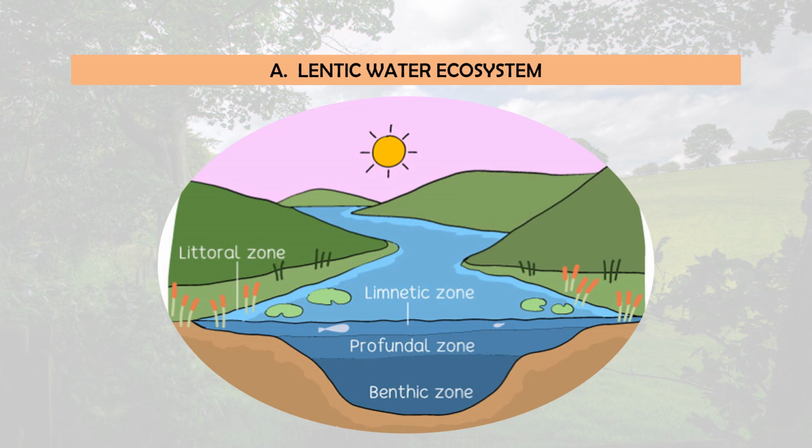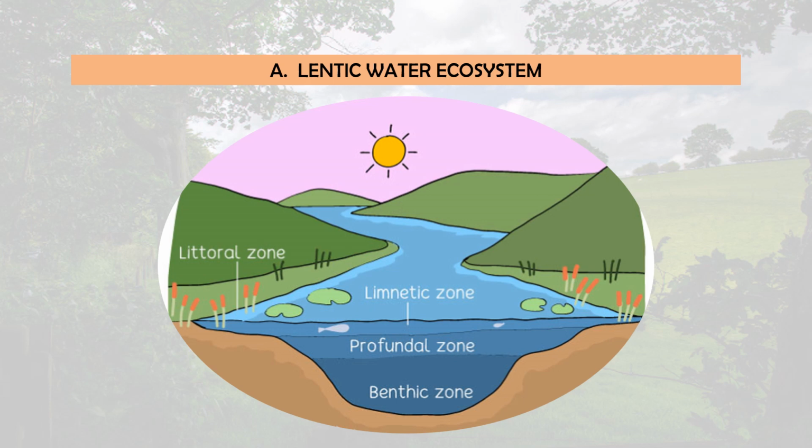This is the main photosynthetic body of the pond, and this zone produces oxygen and food that supports the consumers found in this ecosystem. And this zone is actually absent in shallow ponds.